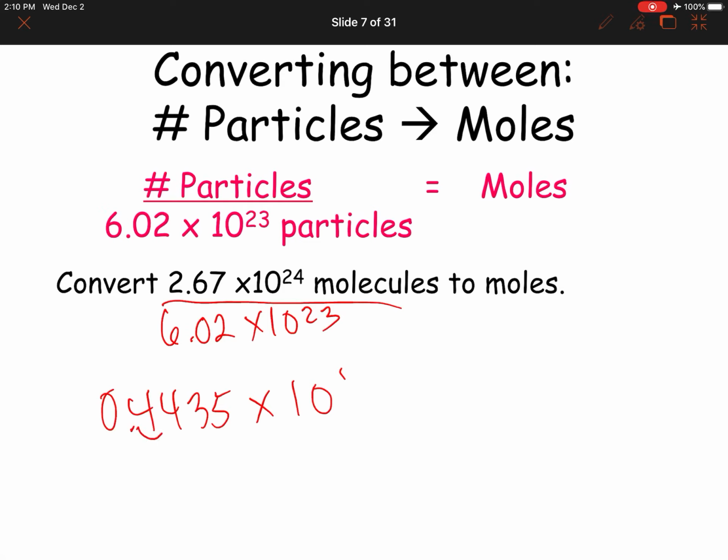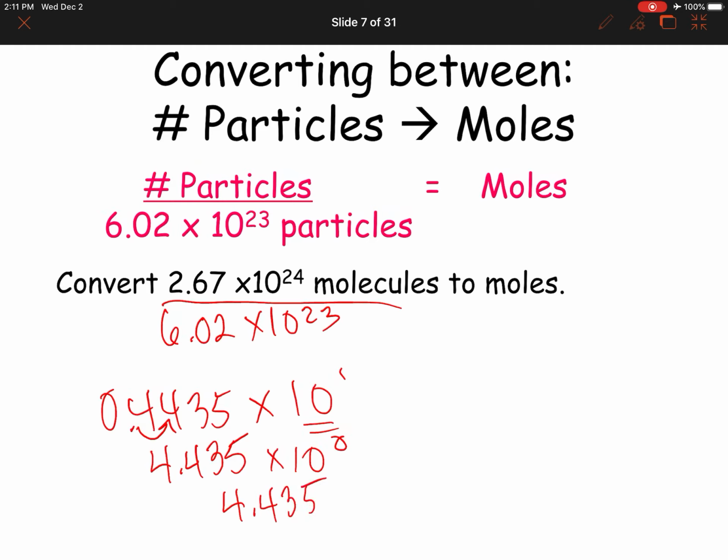So if I move my decimal place one spot to the right, I do have a number between 1 and 10. Now, moving my decimal place one spot to the right is multiplying by 10, which means this is my other side of the teeter-totter. I need to divide that by 10, which would be 10 to the 0. And then 10 to the 0 is 1.